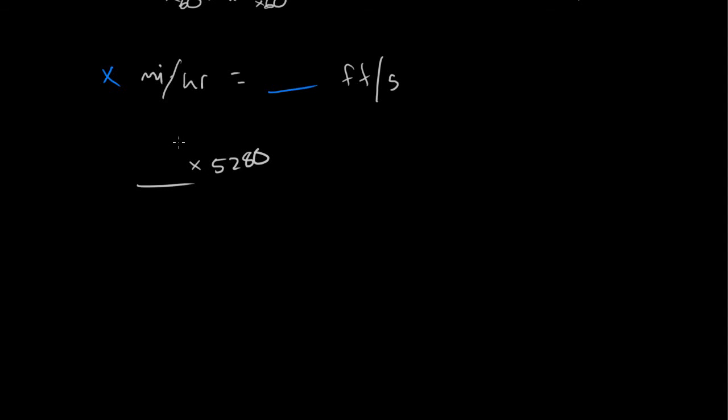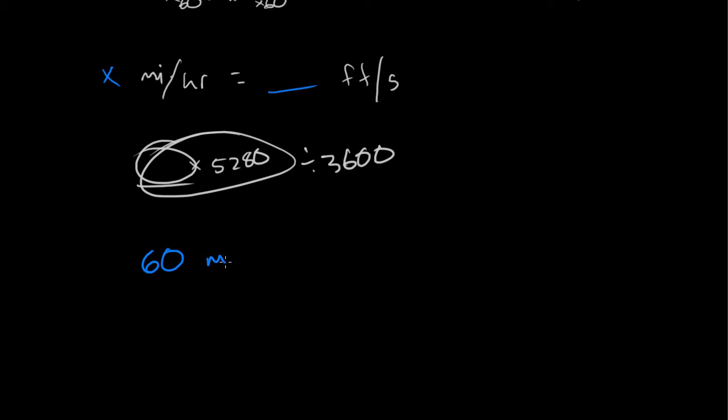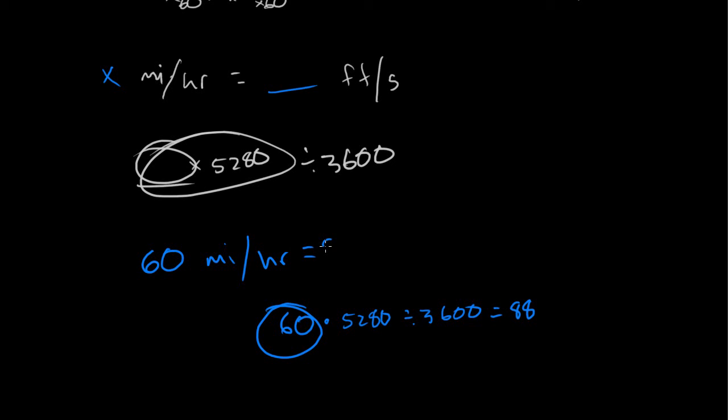And then, if you remember, in the end, we got an answer, and we took that answer and we divided it by 3,600, which was the number of seconds in an hour. So for any number of miles per hour, let's say for 60 miles per hour, we could do that same process to find the number of feet per second. I do 60 times 5,280 and then divide by 3,600. That'll convert 60 miles per hour into 88 feet per second.